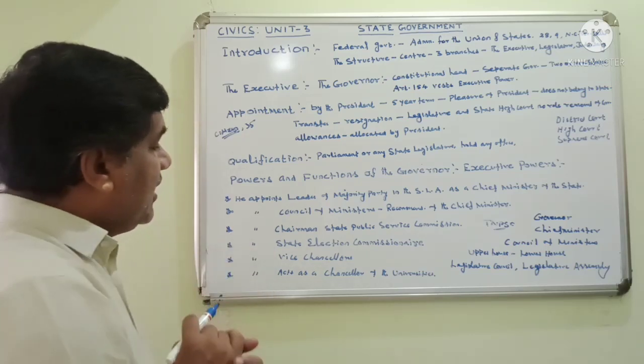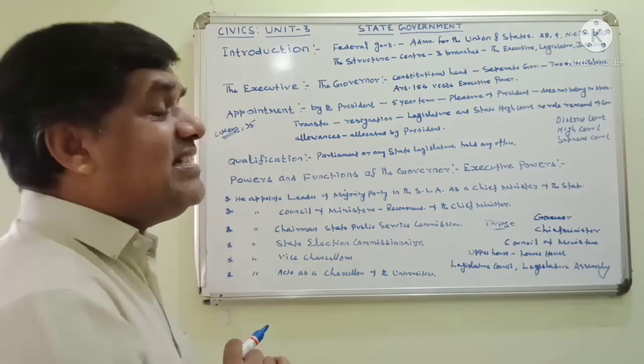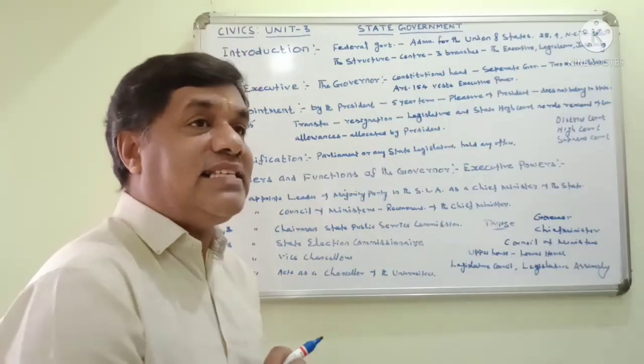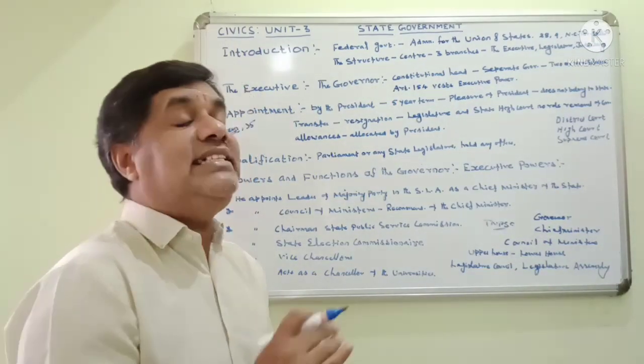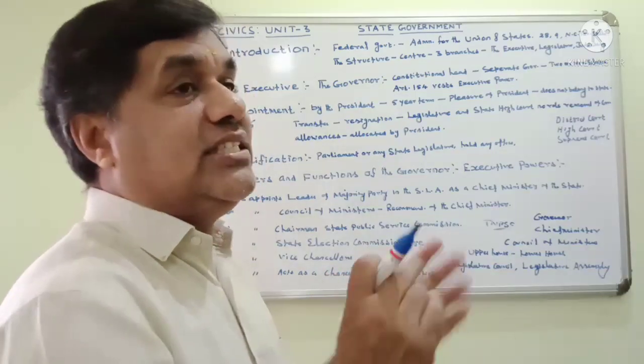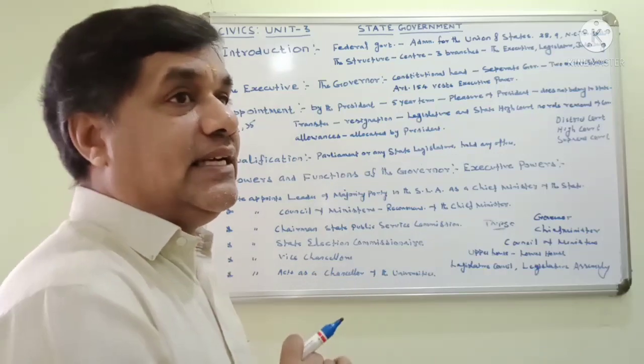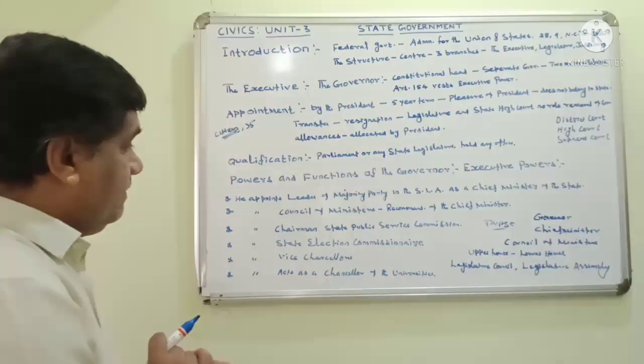The governor can appoint the vice chancellor. In the universities, there are the chancellor and the vice chancellor. The vice chancellor looks after the colleges, the universities, and also all the affiliated colleges.